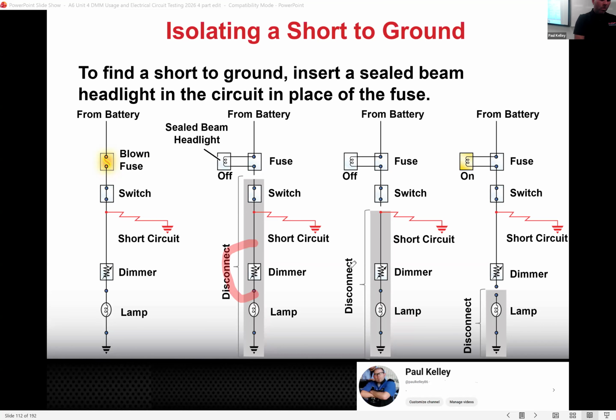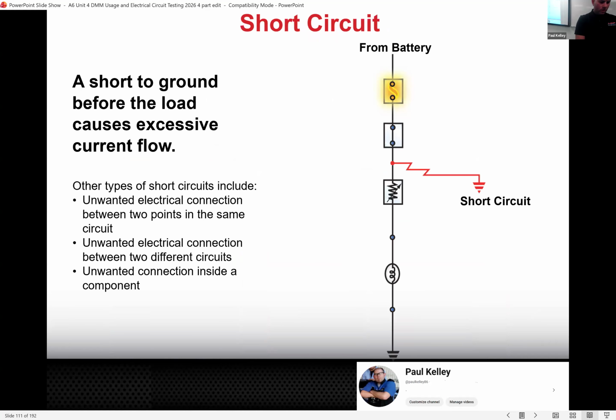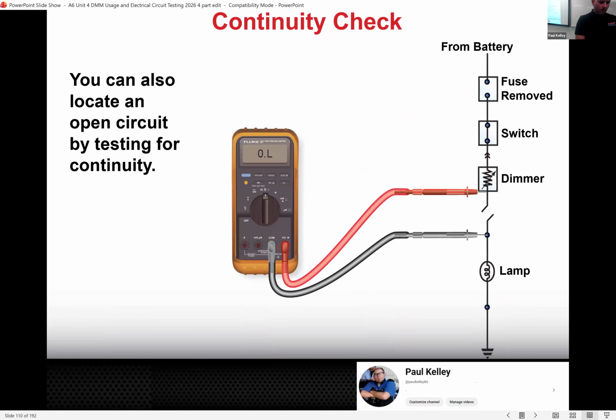Whereas if, for example, none of these are amazing, but let's say I redraw this. Let's say I had a short. See, none of these are actually going to work for exactly what I wanted to show.